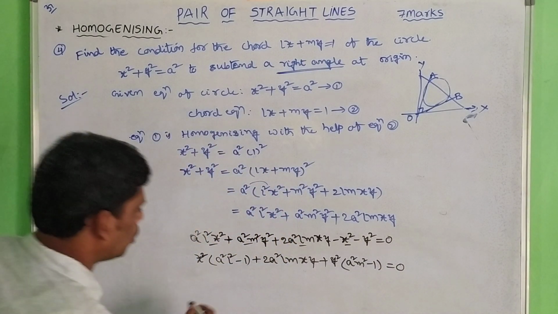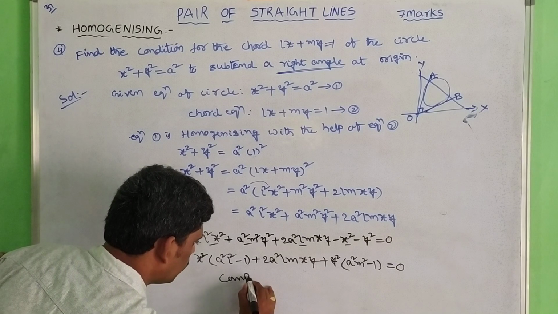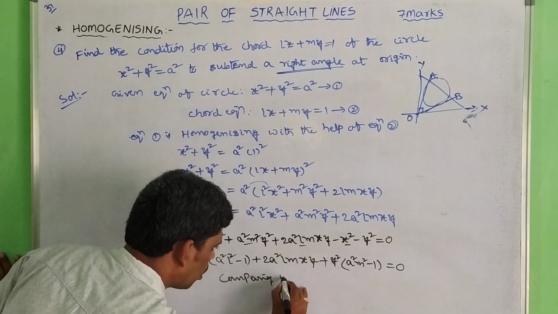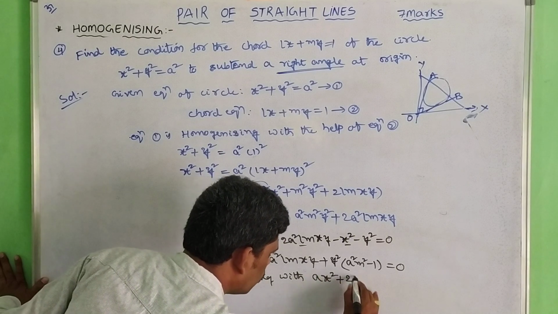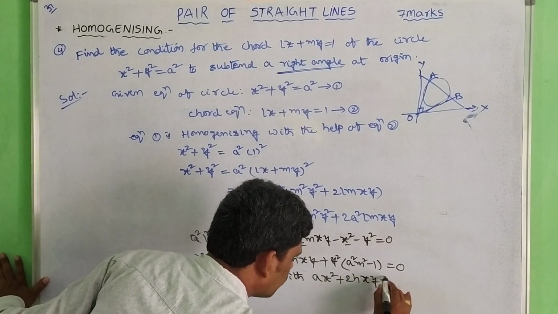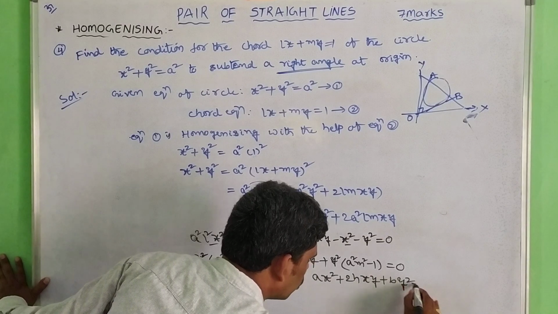Now comparing with the pair of straight lines ax square plus 2hxy plus by square equals to 0.